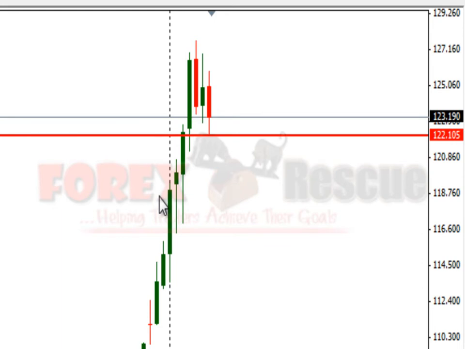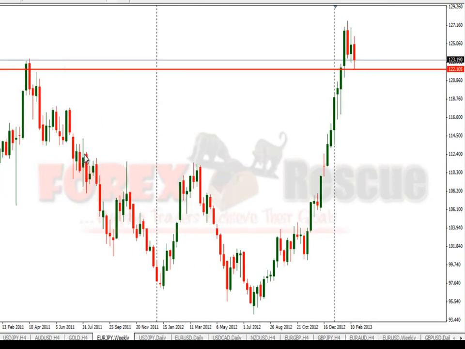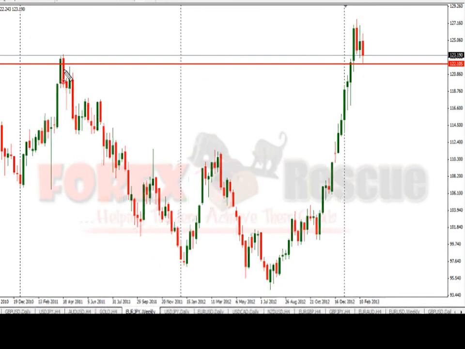If you look at that area very well, you discover that it is sitting around a previous resistance area. This is what I'm talking about, this area here. You can see how price is gradually bouncing off from that area.